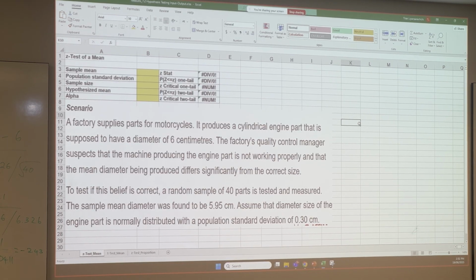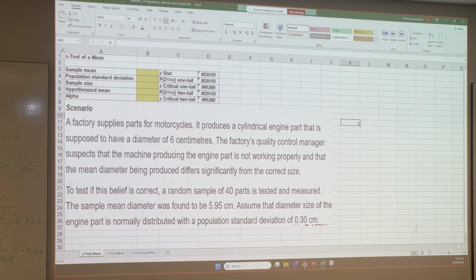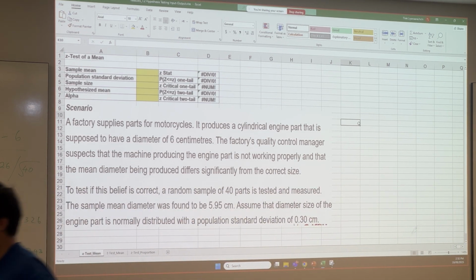Now the sample mean is 5.9. What is the hypothesis mean? 6. And alpha is 0.05. I don't know what you are doing.